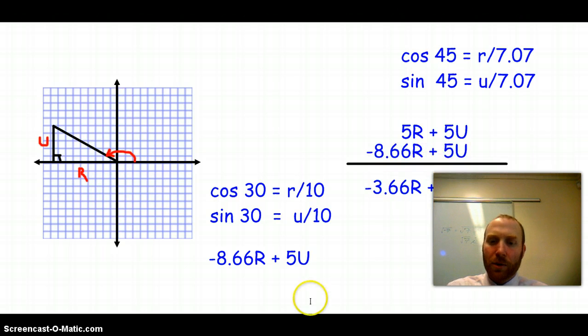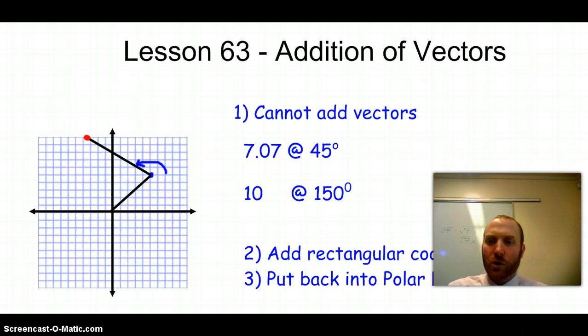Negative 3.66 r plus 10 u. Let's go back to that first picture that we had up here. Negative 3.66 r about in here. 10u up, and that looks to be about where I ended up. That's great. This is working out perfectly.